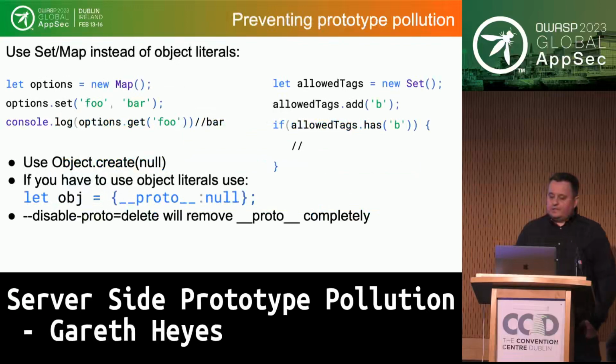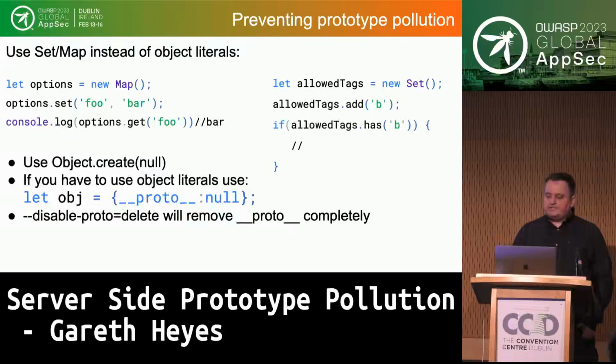So I'd like to finish off discussing how to prevent prototype pollution. Probably the best way is not to use object literals at all to define options functionality in your app. If you use Set or Map instead of objects, you can safely use them without being vulnerable to prototype pollution.